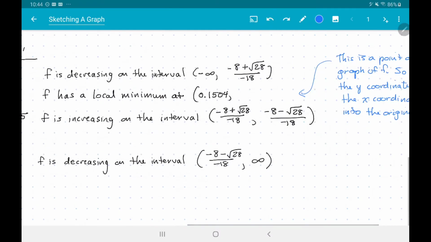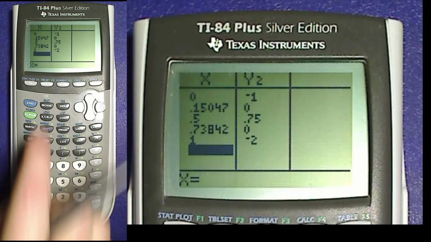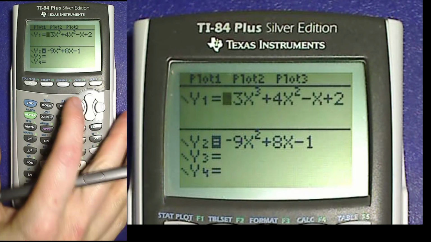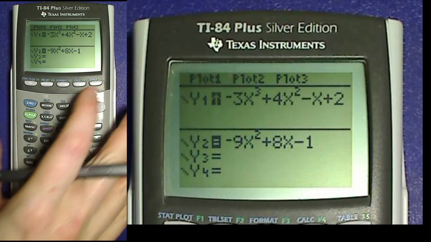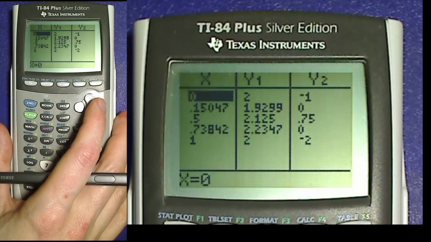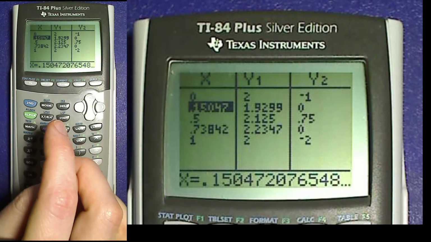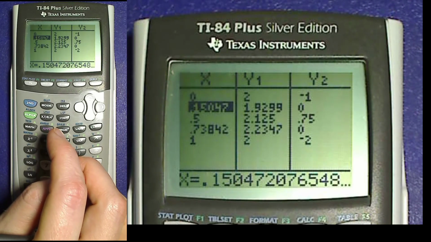Okay, so now we got to pause for a minute. This is why I entered the original function in as y1, because we're going to need it at this point. So I'm going to go over here and turn y1 back on, and now go back to the table. Now here's what we're looking for. That is the 0.15 number. That is our C1, our first critical number.